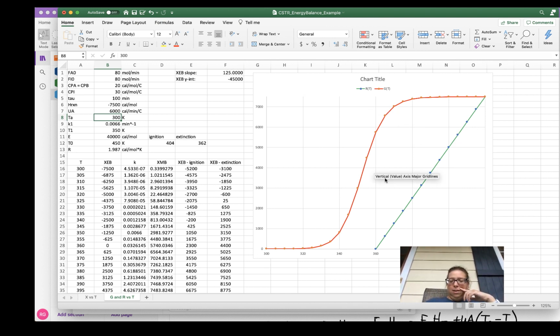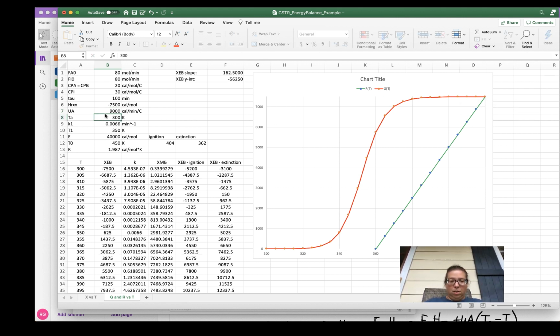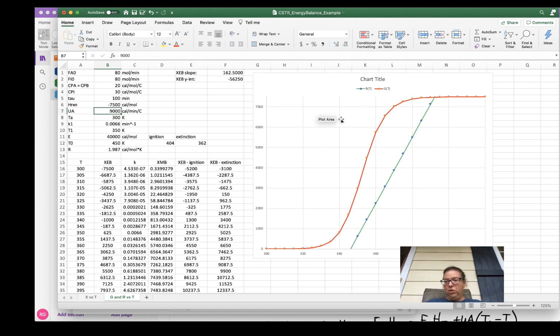So you notice, too, that makes sense. My original value for UA was 8,000. If I make it 6,000, that means for the same feed temperature, I operate inside the reactor at a higher temperature. Whereas if I operate with a higher heat exchanger term, I operate at a lower temperature.